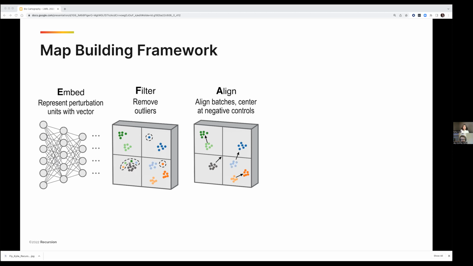A simple alignment approach is to use control units in each batch to center and scale features in that batch. Another linear method, aligning not only the first-order statistics but also the covariance structures, is typical variation normalization, or TVN. Nonlinear methods based on nearest neighbor matching or conditional variational autoencoders have been particularly successful for the alignment of single-cell transcriptomic data.